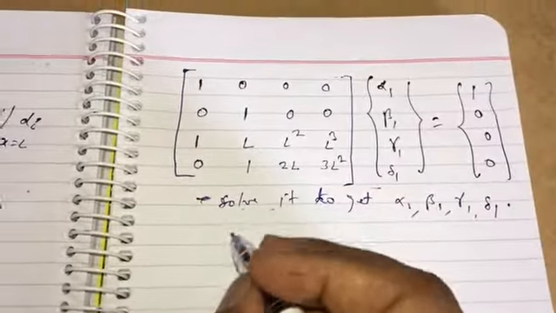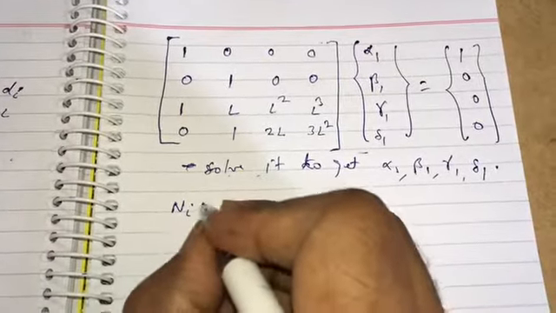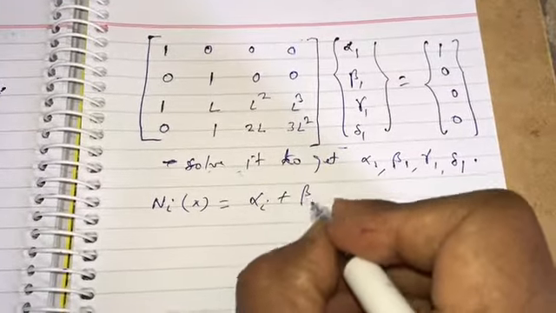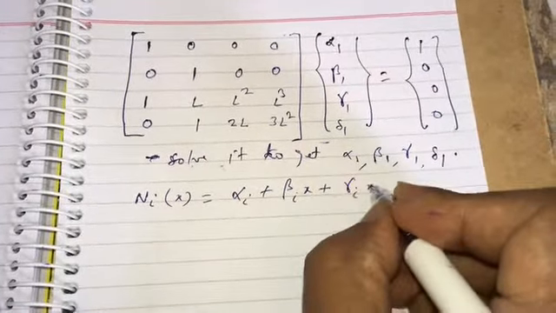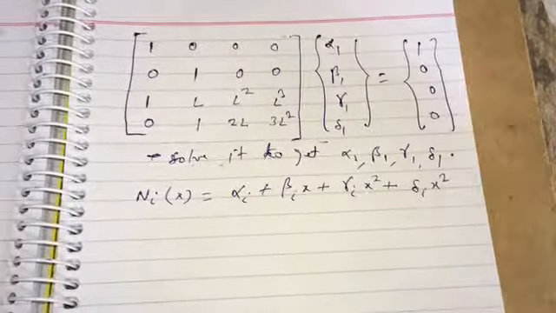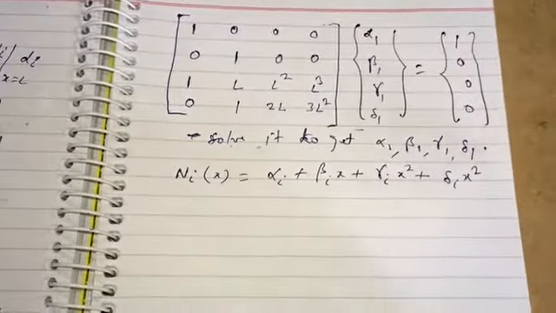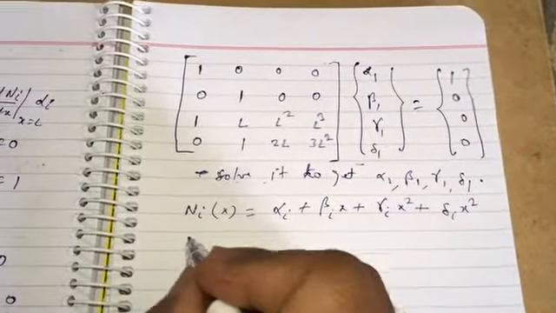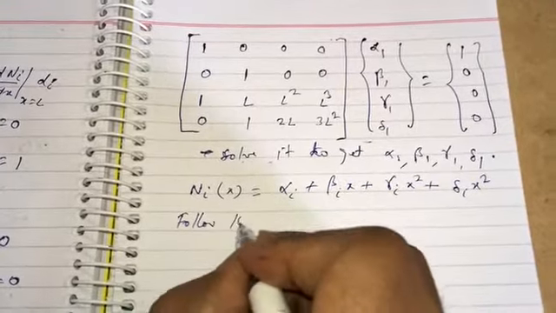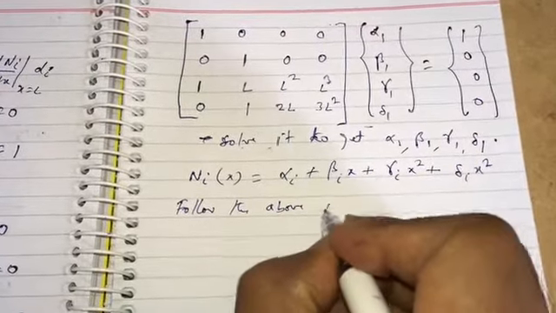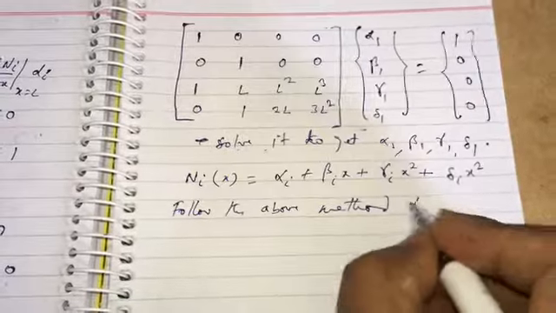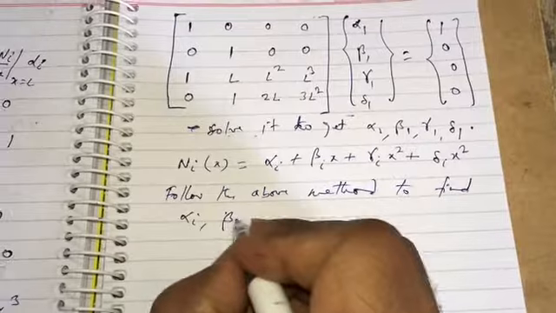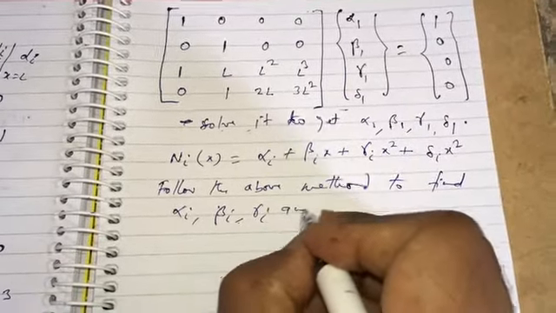Similarly, you can propose in general Ni(x) equal to alpha i plus beta i x plus gamma i x square plus delta i x cube. So in general you can write it like this one, and you can find out, follow the above method to find alpha i, beta i, gamma i and delta i.